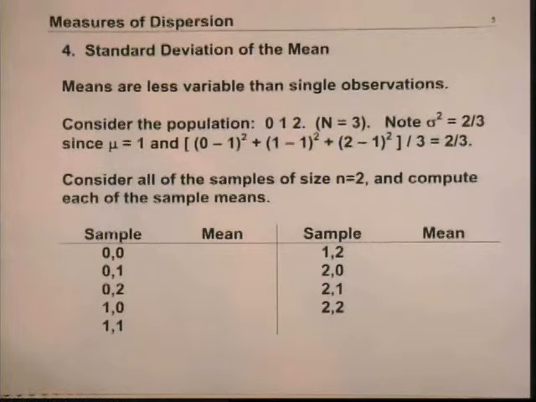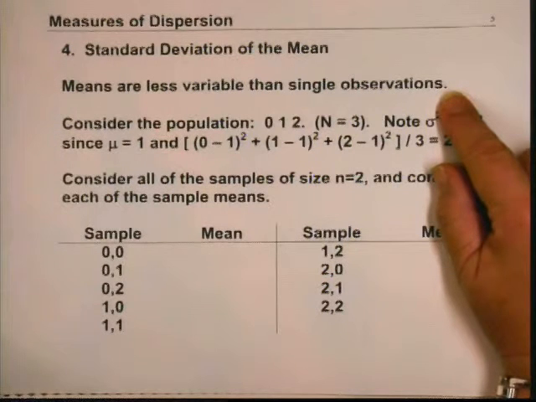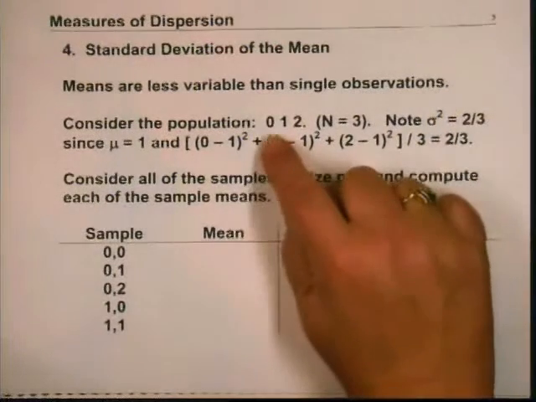I'd expect that those y bars tend to lie closer to the value of mu than an individual score does, right? That's what this first sentence means here: means are less variable than single observations. The collection of all the y bars is going to tend to be more like mu, hence less variable.